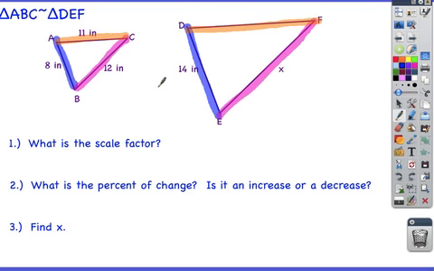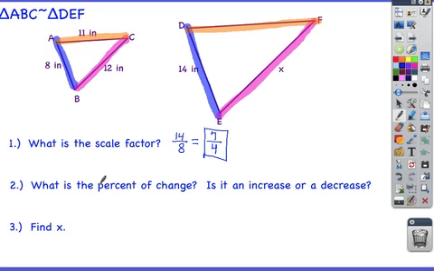Our scale factor is the ratio of new to old. So our scale factor is 14 over 8, which can be reduced to 7/4. And that's the scale factor. What is the percent of change, and is it an increase or a decrease?